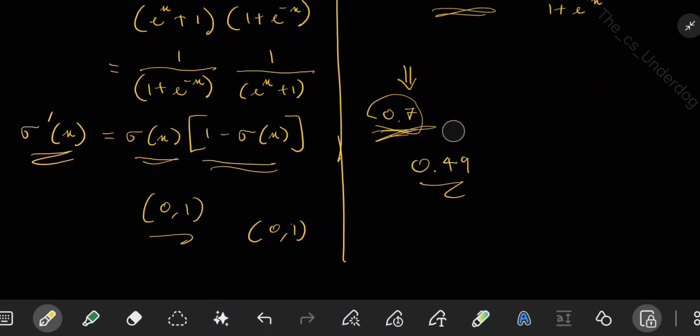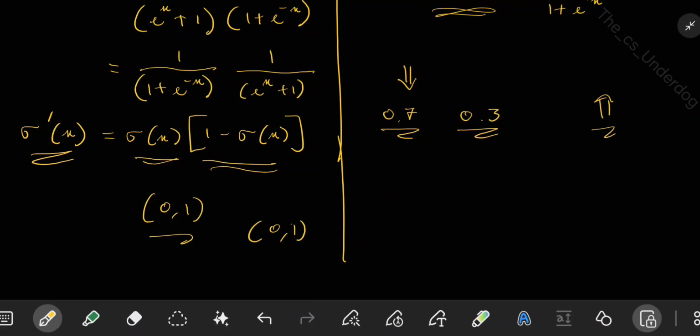If this is 0.7, automatically other one will be 0.3, which is 1 minus 0.7. So, what is the maximum value possible? If you simply think, you will directly understand this. If sigmoid of x is equal to 0.5, this is the case where maximum value is possible for the derivative. And that value, that is sigma dash of 0, will be 0.25. So the maximum value the derivative of sigmoid can take is 0.25.